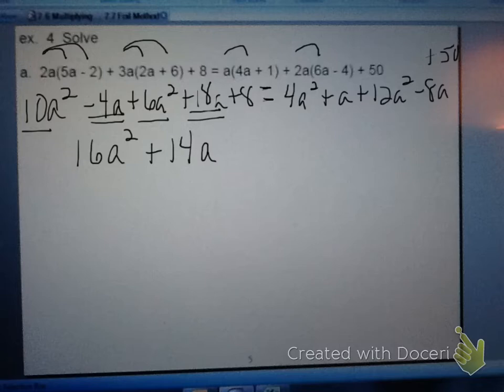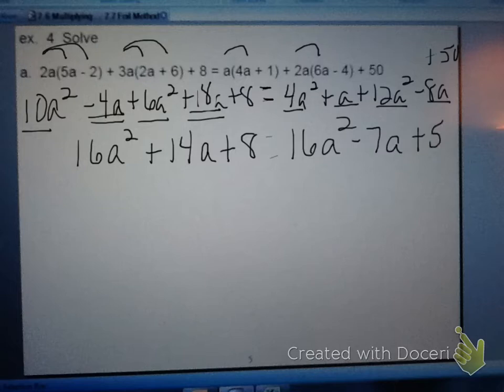Bring down the plus 8, because we don't have anything to combine that with. And then we're going to combine 4a squared plus 12a squared is 16a squared. Combine the a and a negative 8a is a negative 7a plus 50.